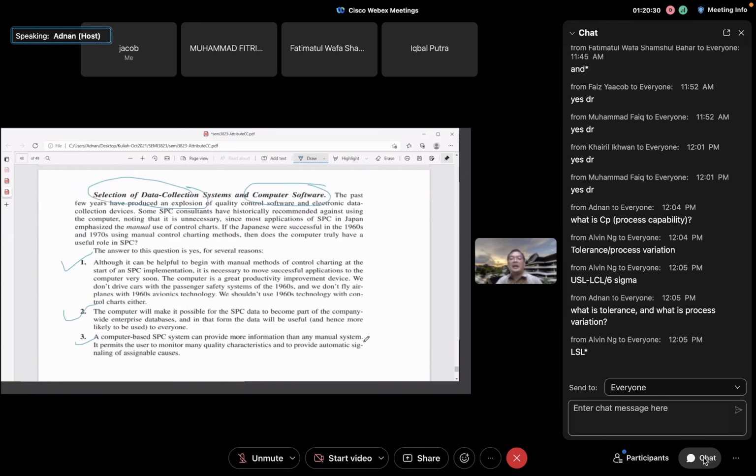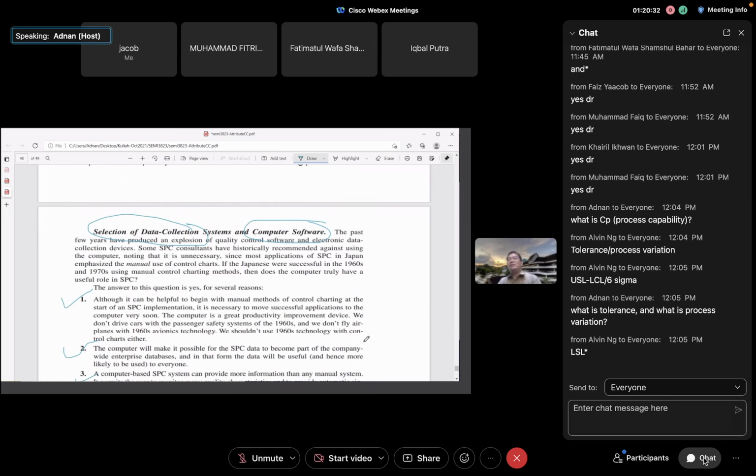In general, I covered control charting, variable control charts, and also attribute control charts. We have many charts. Please do the exercises that I've selected for you to get a better understanding of that. If you have any questions, you can ask. If not, I will move on to another topic, which is acceptance sampling.